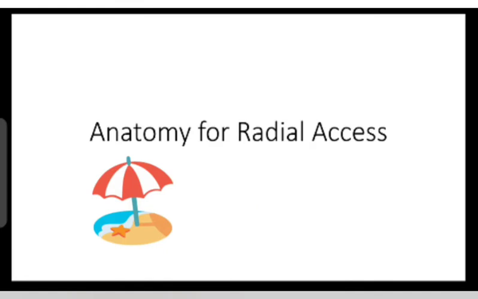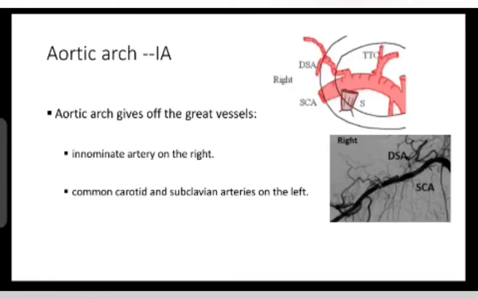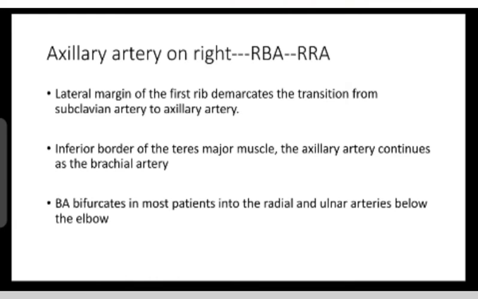Anatomy for radial access for angiography. Aortic arch gives off the great vessels. Innominate artery on the right, common carotid and subclavian arteries on the left. Axillary artery on the right gives rise to right brachial and right radial artery.